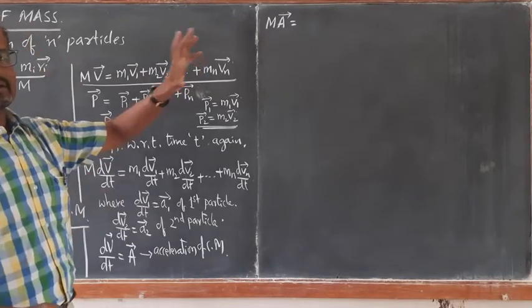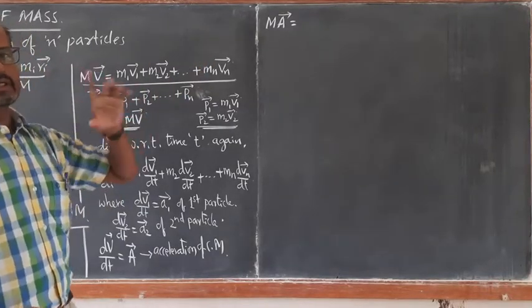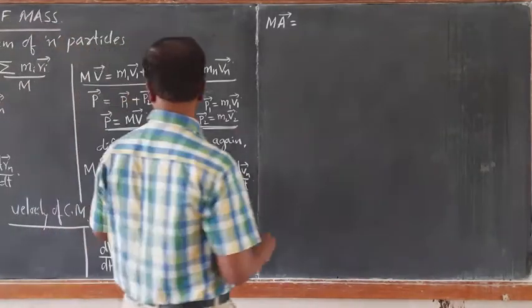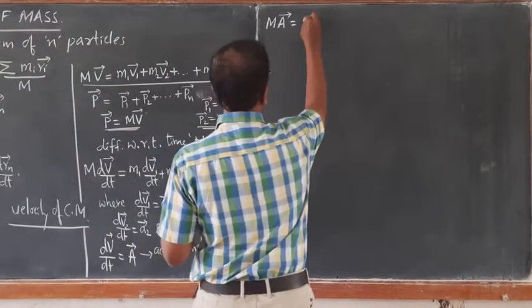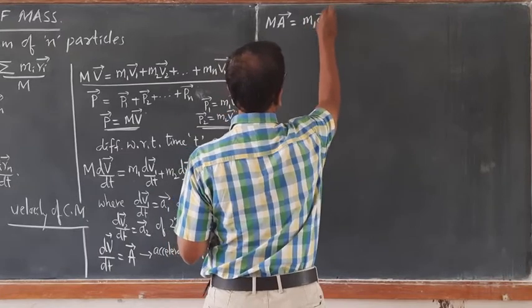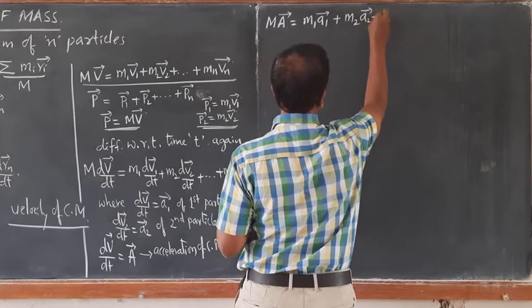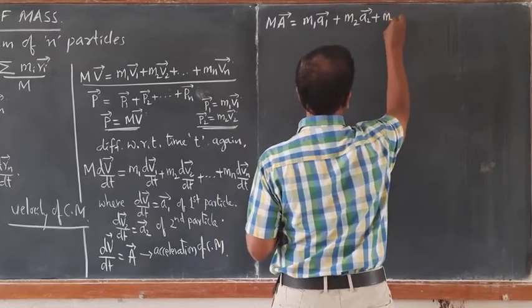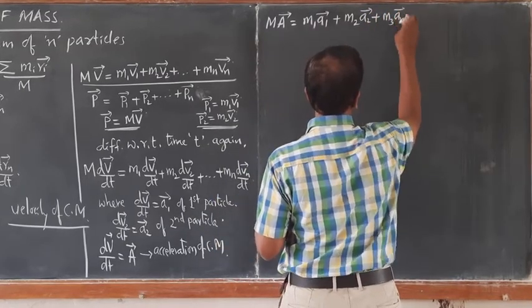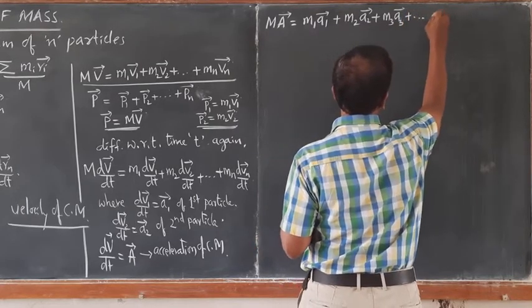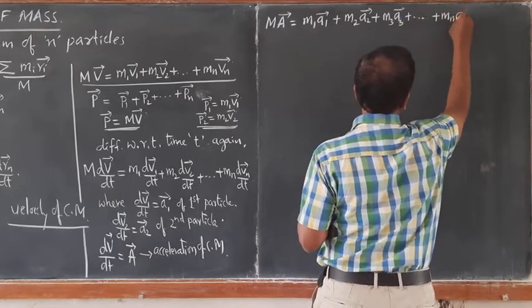Product of MA gives us total force, that is by using Newton's second law, equal to m1 A1 vector plus m2 A2 vector plus m3 A3 vector plus and so on mn An vector.